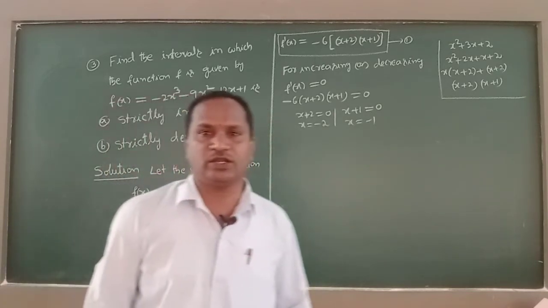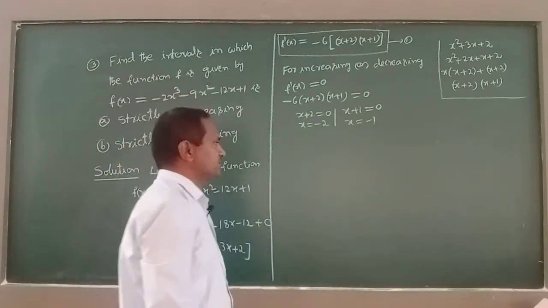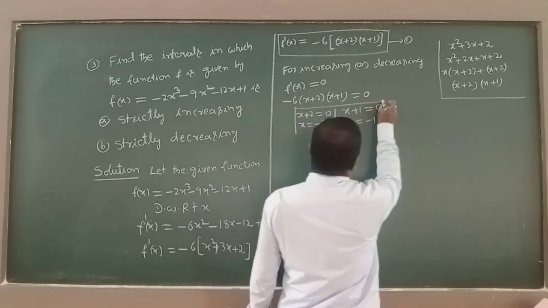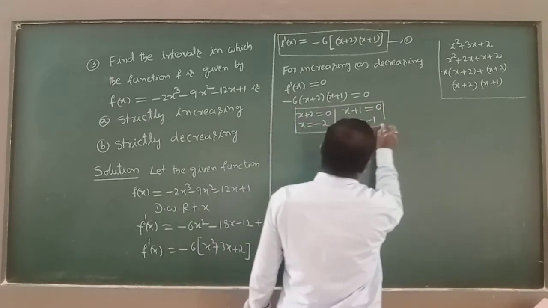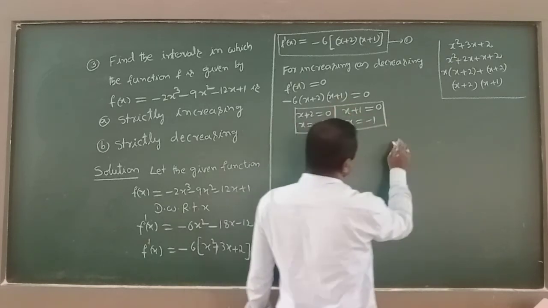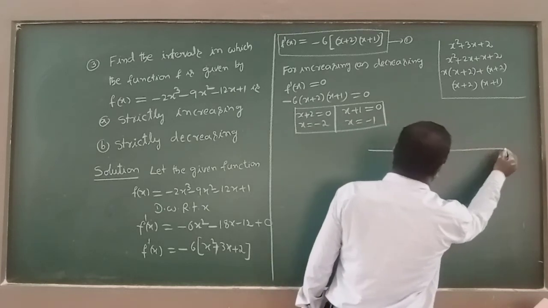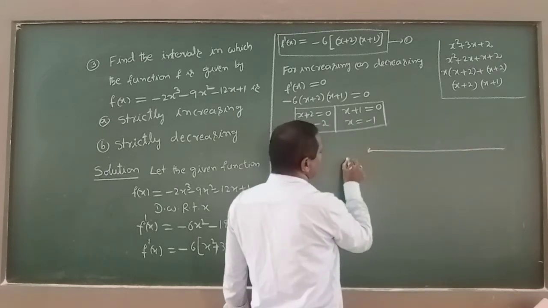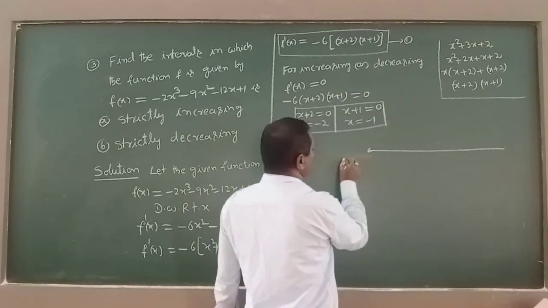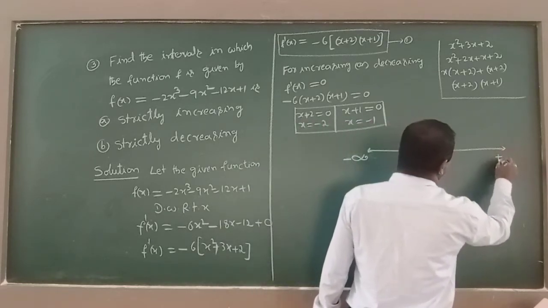Afterwards, we are going to plot on the real number line like this. It is the real number line with the help of these two values of x. One side is minus infinity, another side is plus infinity.